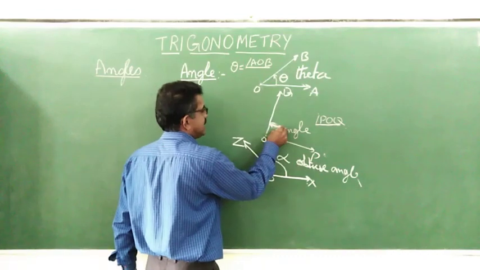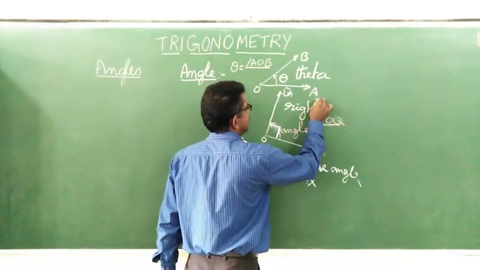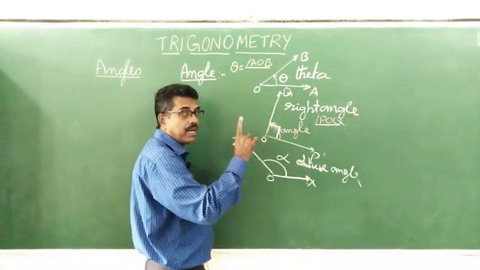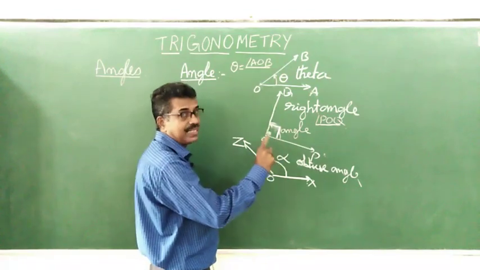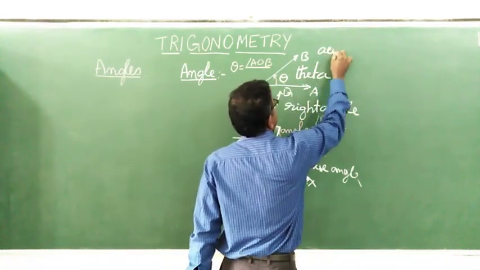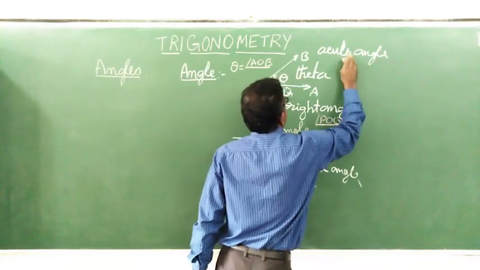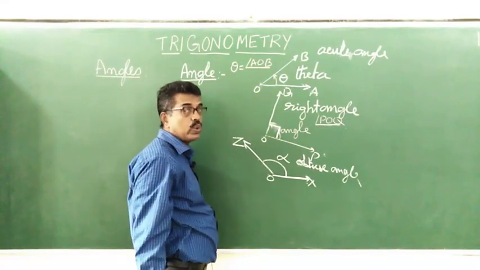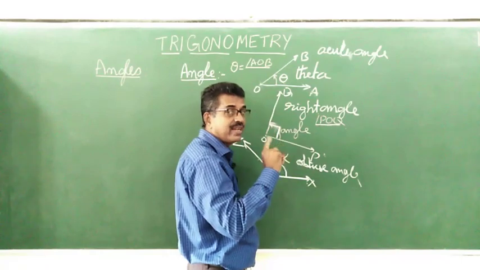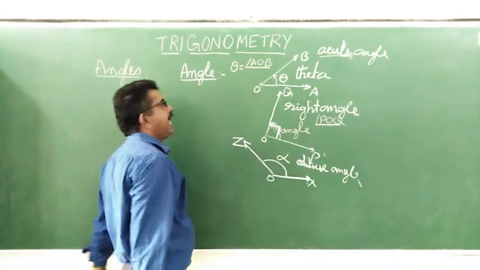Suppose this angle is exactly 90 degree, we simply call this angle a right angle. So we have this angle as an acute angle.